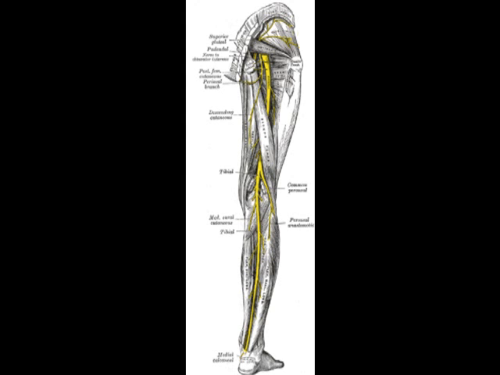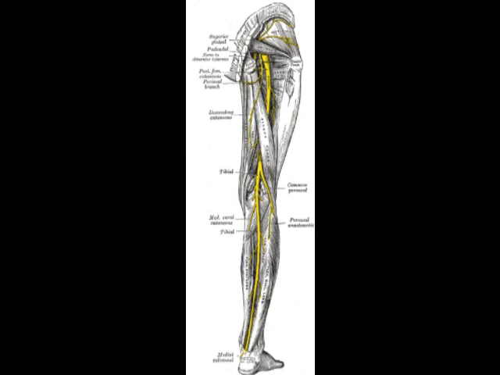And then we actually see something called the perineal branch, which actually branches to the posterofemoral cutaneous nerve. So if you do have some pain in the perineal branch of your pudendal nerve, it's right there.